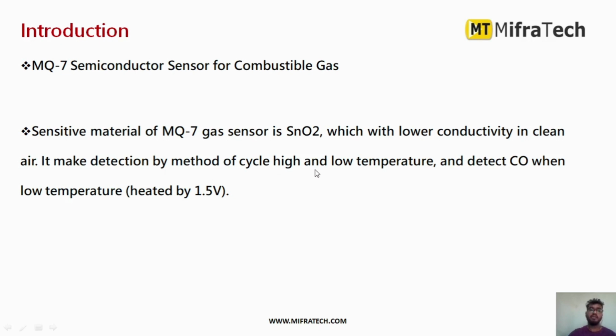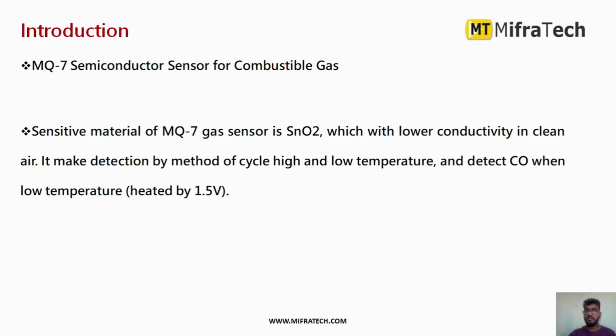The MQ7 semiconductor gas sensor is mainly used for combustible gases. The sensitive material used in the MQ7 gas sensor is SnO2, that is tin dioxide, which has low conductivity in clean air, but it detects by a cycle of high and low temperature. Whenever it detects combustible gases like carbon monoxide, the conductivity increases.